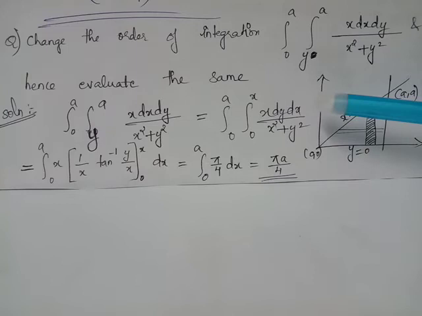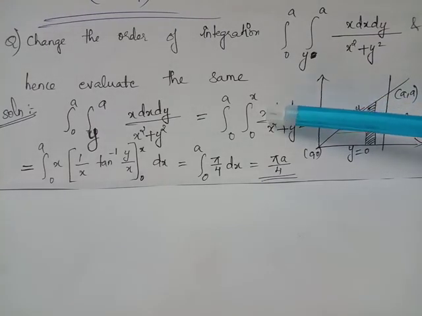At first, when you perform integration with respect to y, you will treat x as constant. That is, we have to integrate x dy upon x square plus y square where x is considered as a constant.